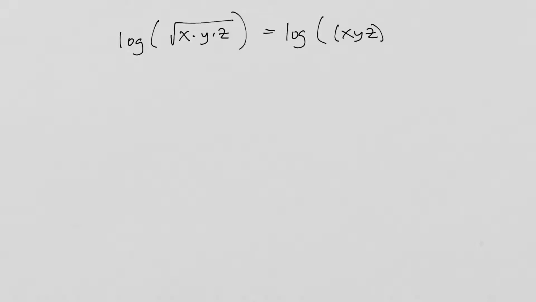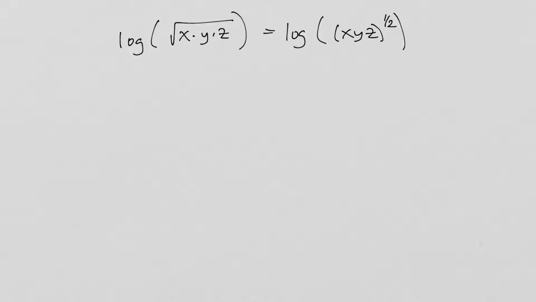Okay. What if I had this logarithm? Log of the square root of x times y times z. Okay. Well, if you remember your properties of square roots, that's the same thing as the 1/2 power.